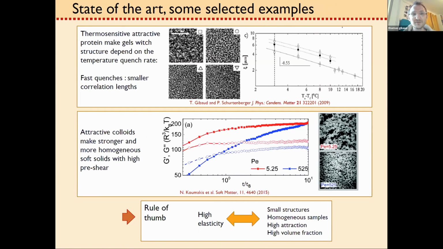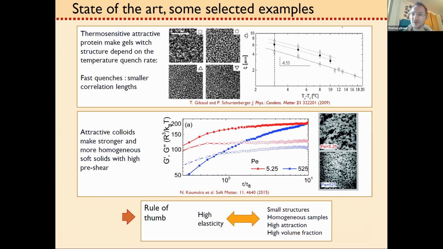So let me give you some examples. For example, in proteins with attractions that can be tuned with temperature, you can quench your system with temperature and access arrested phase separation.